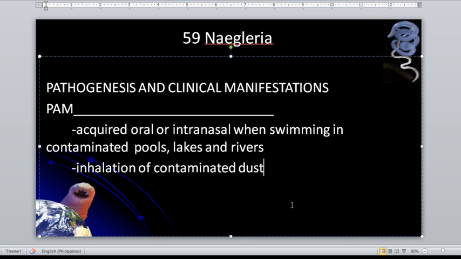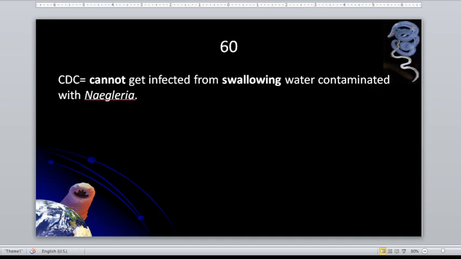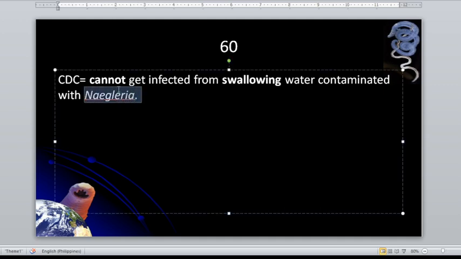Next, according to the CDC, Centers for Disease Control, you cannot get infected from swallowing water contaminated with Naegleria fowleri. Again, that is research conducted by the CDC, so hindi mo po yan makukuha.